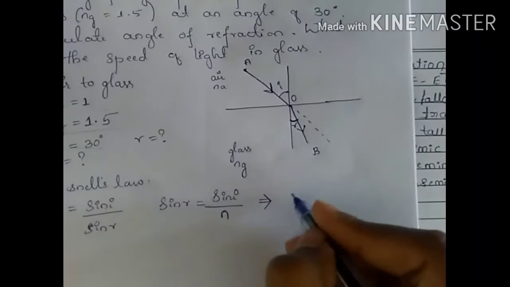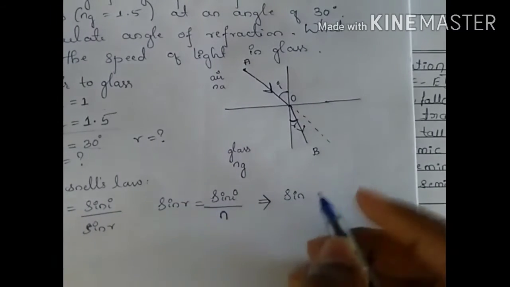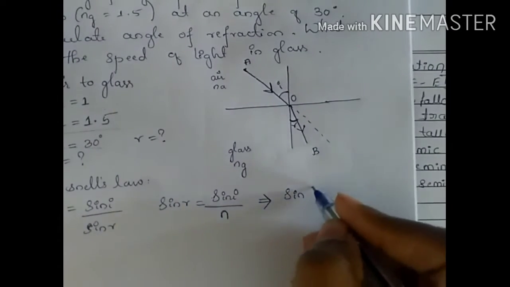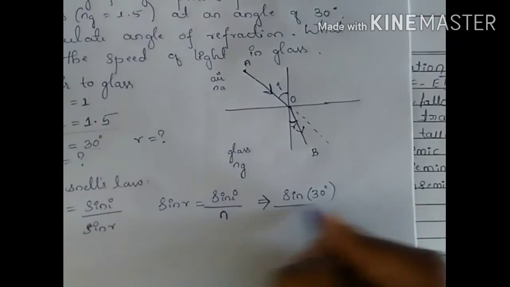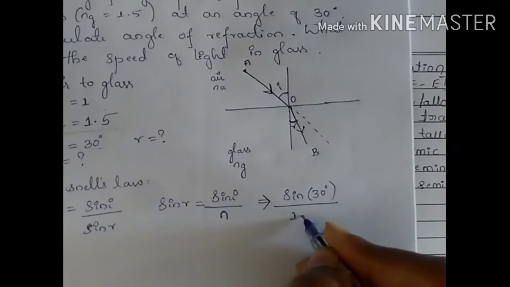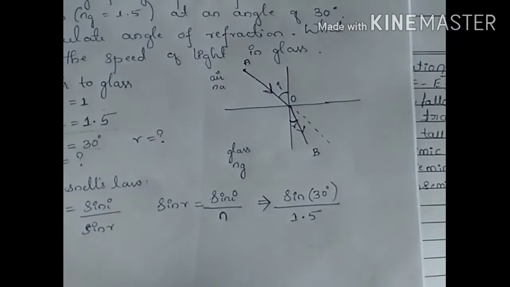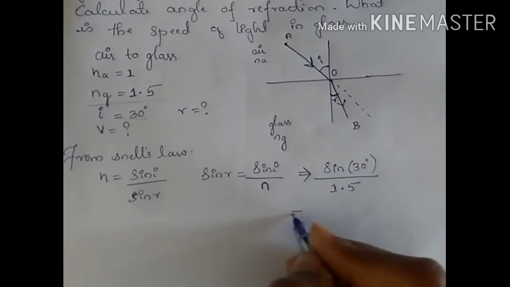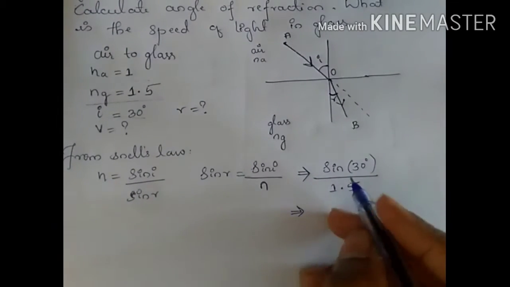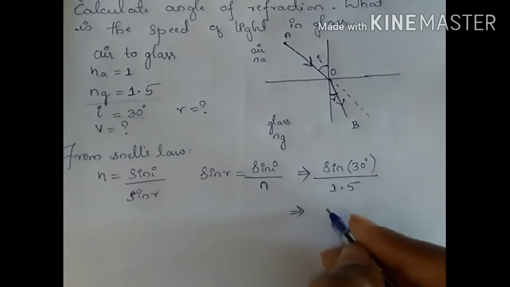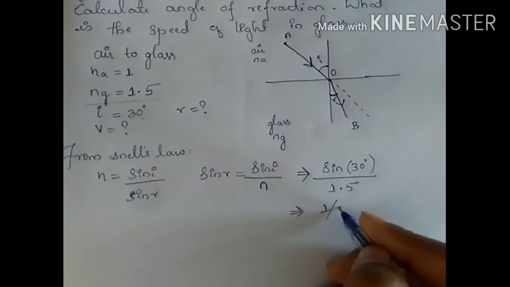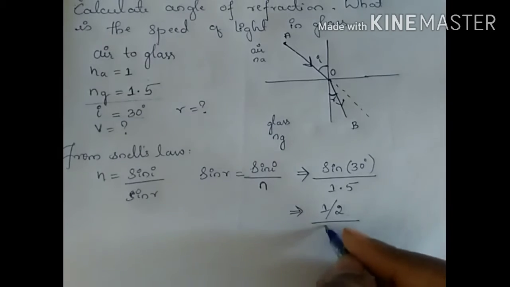So sin I, the angle of incidence, is given as 30 degrees. N here is 1.5. So if you solve, sin 30 is 1 by 2, divided by 1.5.